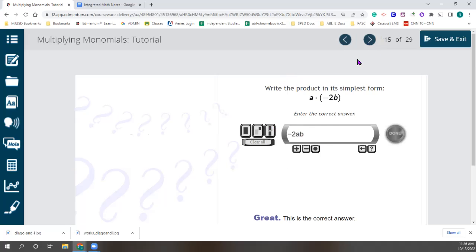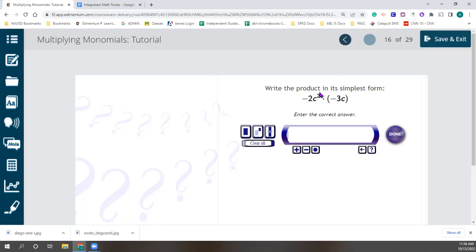So I got that correct. Write the product in its simplest form. So on my paper, I'm writing down negative 2c squared multiplication dot parentheses negative 3c. I say it out loud to make sure I write it down correctly. Part of answering the question correctly is making sure you write down the problem correctly.